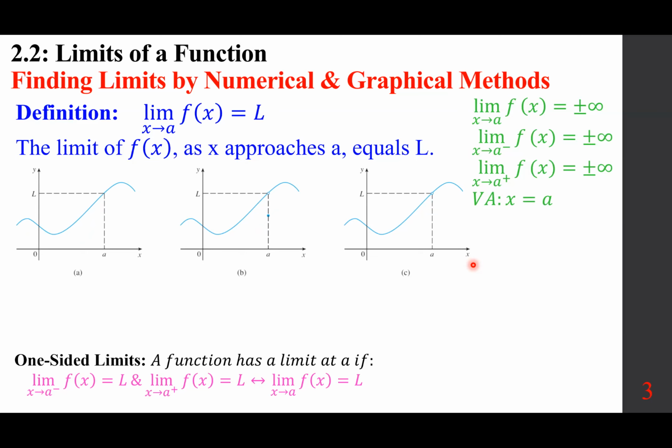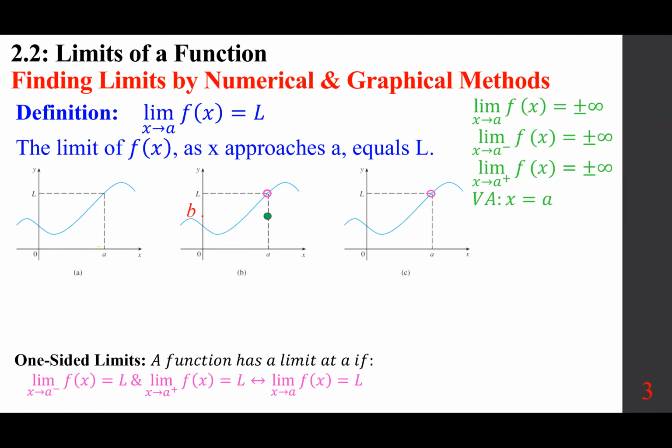Let's look at all of these graphs. We are interested in finding the limit of f of x as x approaches a. Here's a, so we're coming from the left and the right of a. So what's happening?